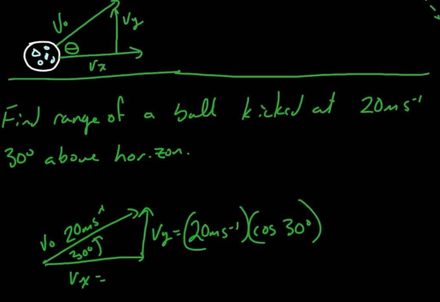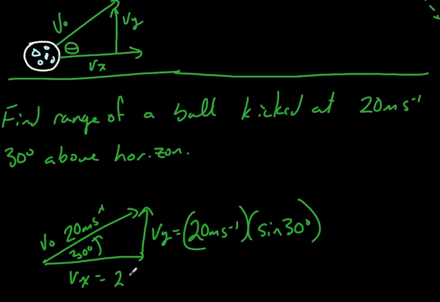Why did you tell me cosine? Why did I listen to you? For goodness sake, it's sine. Okay, opposite over hypotenuse is sine. Adjacent over hypotenuse is cosine. Okay, 20 meters per second times the cosine of 30 degrees.